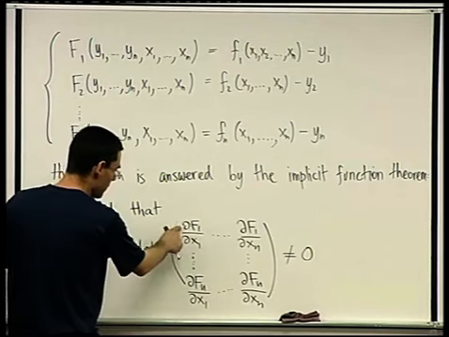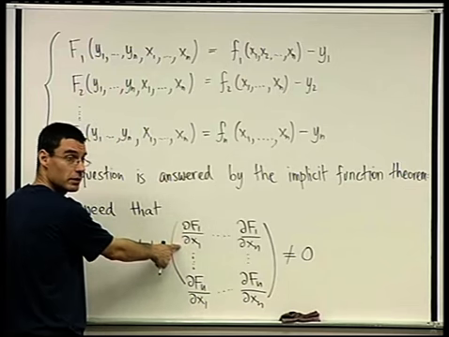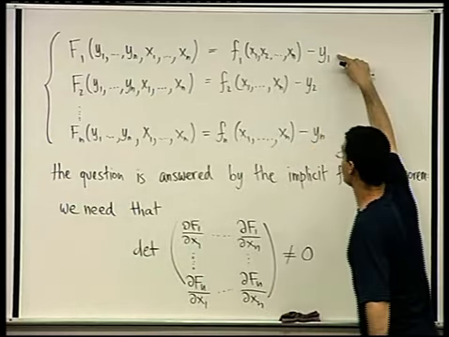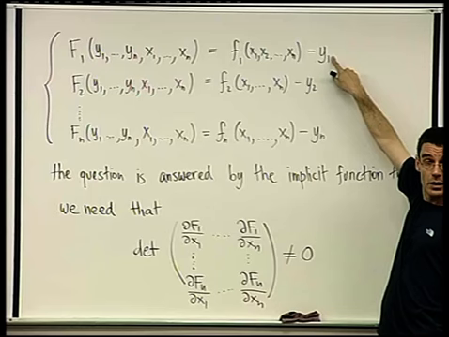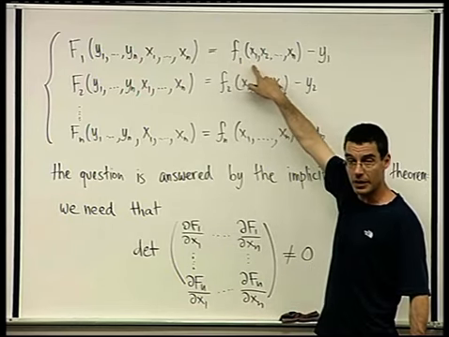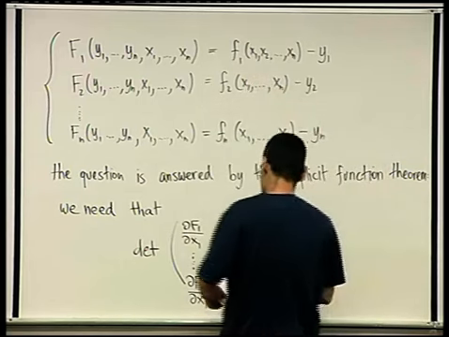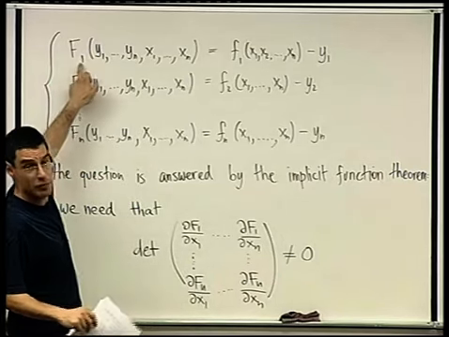What is the derivative of f1 with respect to x1? Here's f1. So what's the derivative of f1 with respect to x1? It's precisely the same as the derivative of little f1 with respect to x1. Do you agree? So this determinant becomes, remember, our original question didn't have these big f's in it.